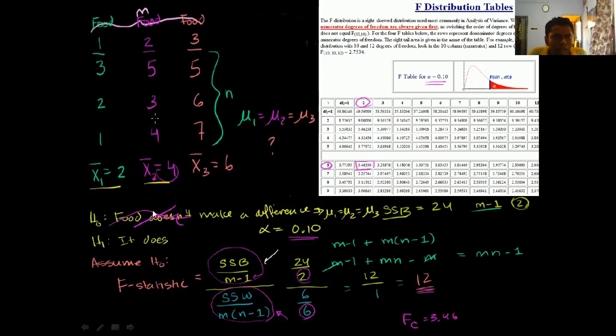This is your null hypothesis and this is your alternative hypothesis, and your alpha value is 0.10. So your confidence level is 90%; you would like to perform this test at a confidence level of 90%.